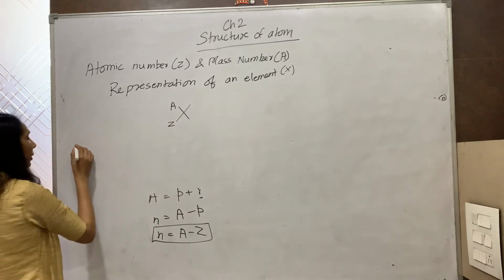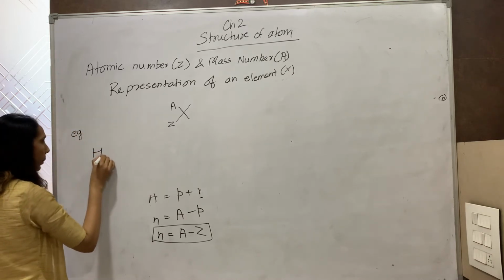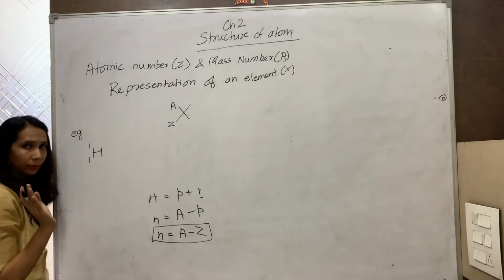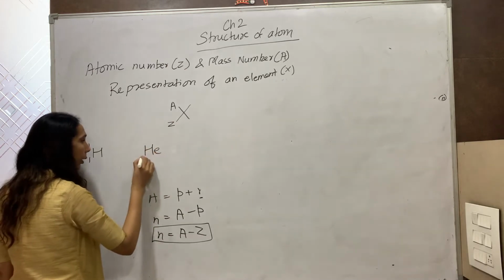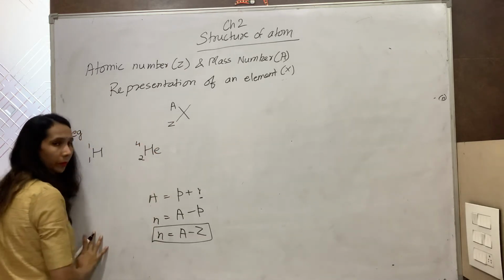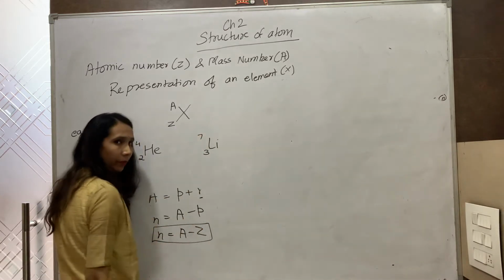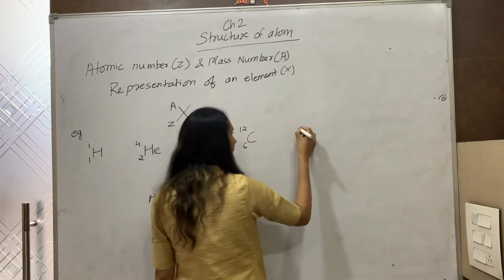For example, if I want to represent hydrogen, Z is 1 and A is 1 for hydrogen. So this is the representation. Helium, I can write 2, 4. Lithium, 3, 7. Carbon, 6, 12.